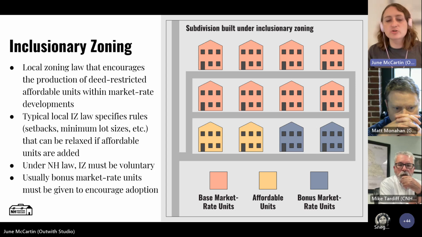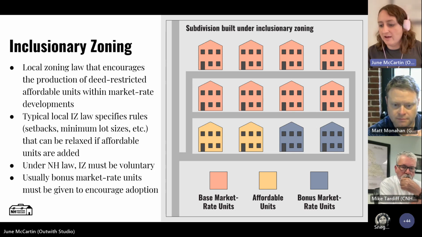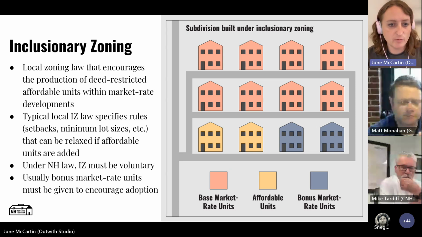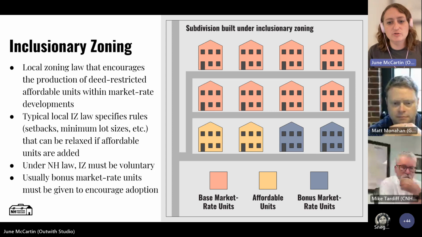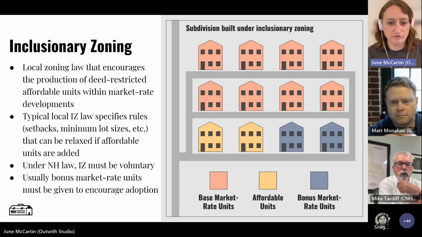And it obviously costs money to build homes. If they're held as affordable, it's very likely that there'll be a negative on a developer's balance sheet. So they have to be able to offset that with some sort of bonus market rate component that allows them to balance things out and be some measure better than what they would get under zoning otherwise.